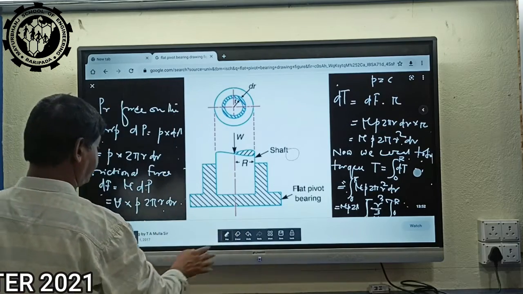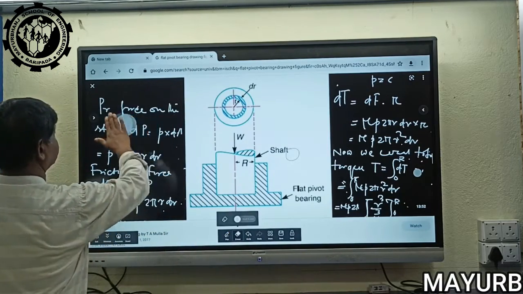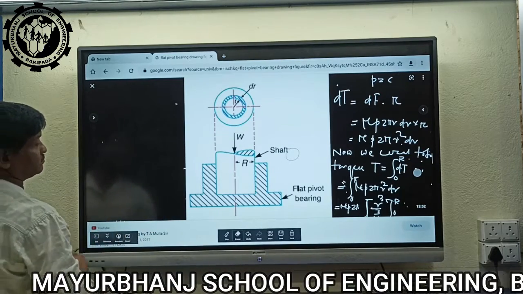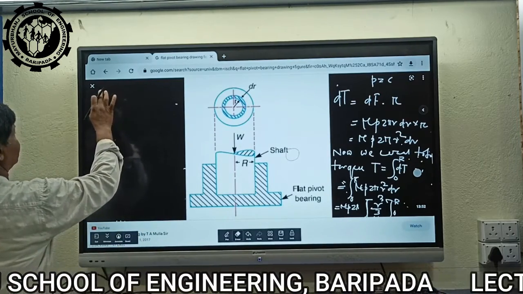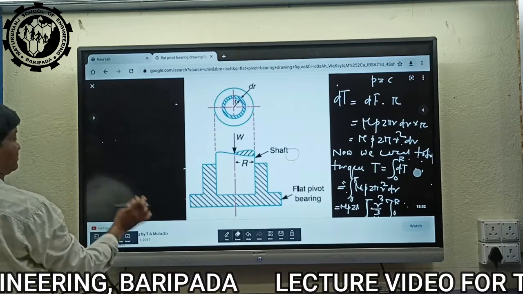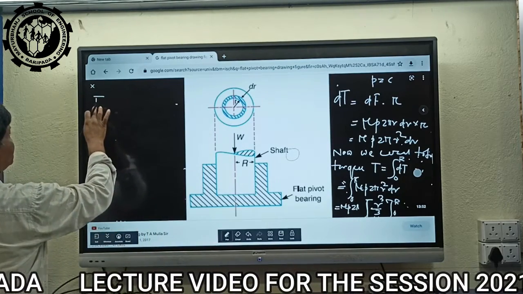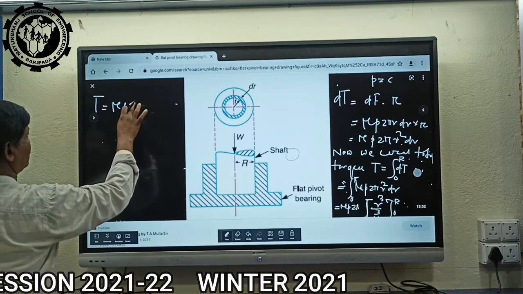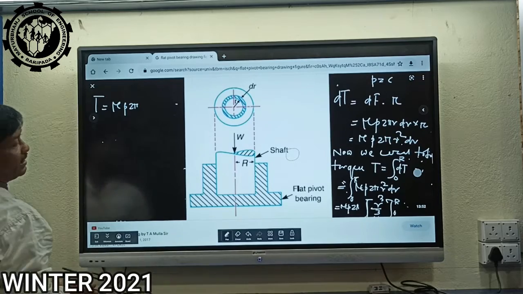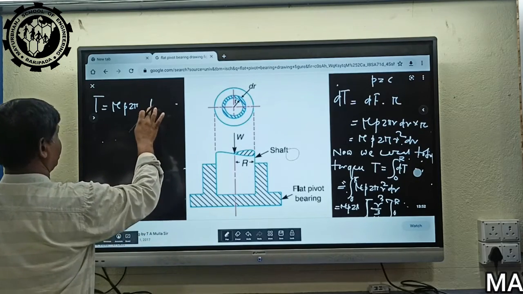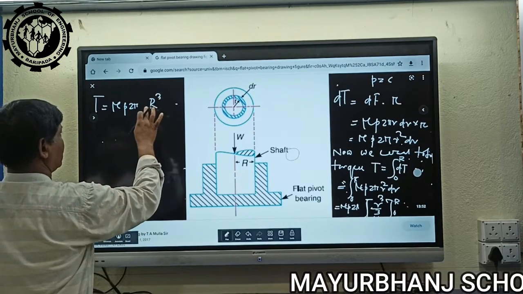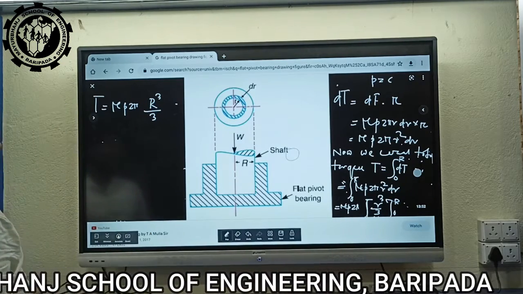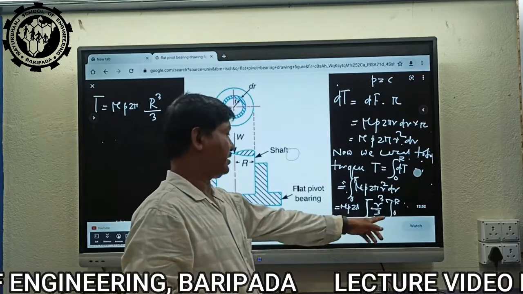Now the total value becomes T is equal to mu P 2 pi R cube by 3, capital R cube by 3. Putting in the limits, because the lower value is 0.